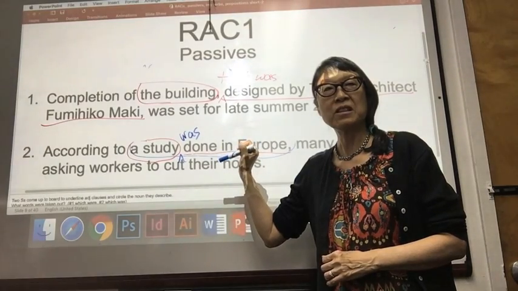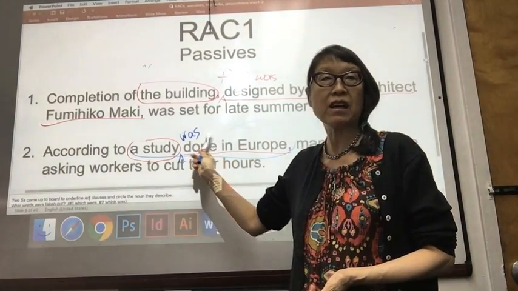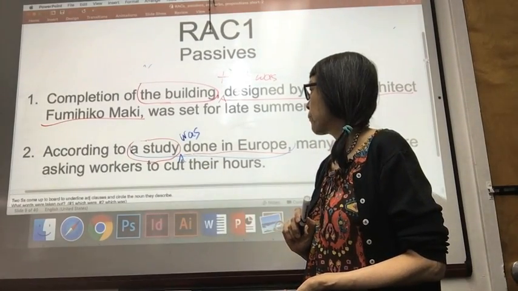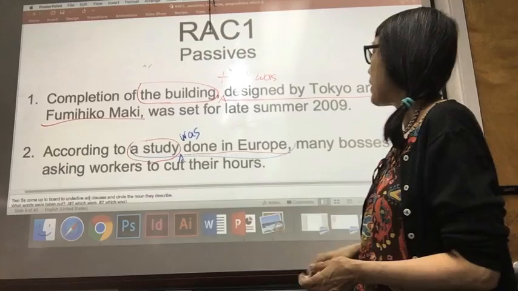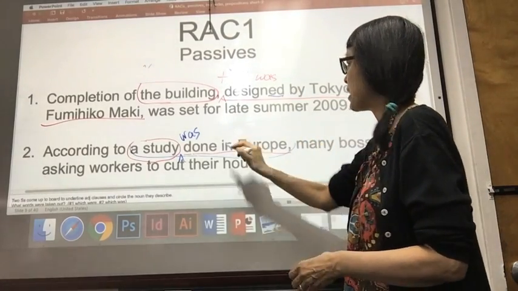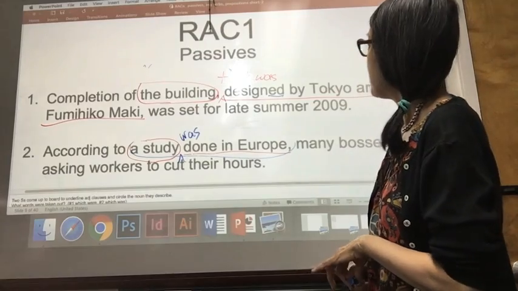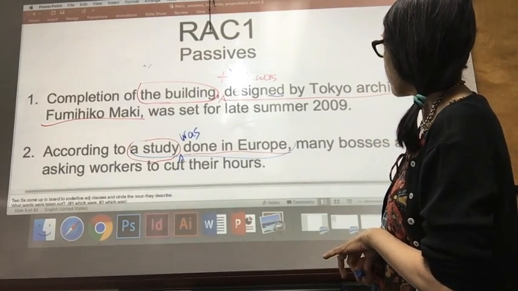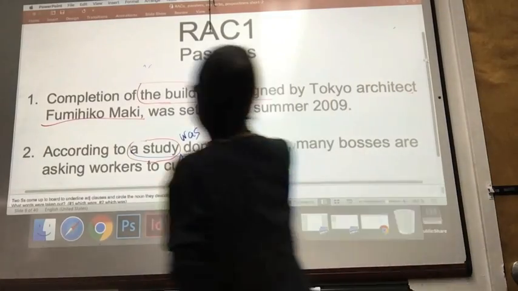Past participle. Yes, past participle. It's an irregular past participle, right? With a regular past participle, we have -ed, but here it's like done, all right? Good. Let's move on.